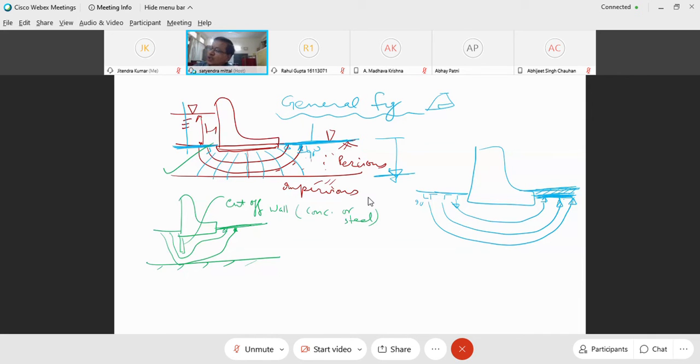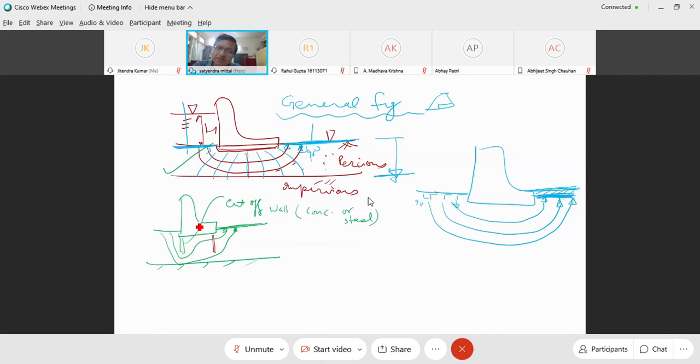So this cutoff wall which I have shown you can be provided either at the upstream, or at the downstream, or at both. Means firstly on the upstream, secondly on the downstream, thirdly it can be both.